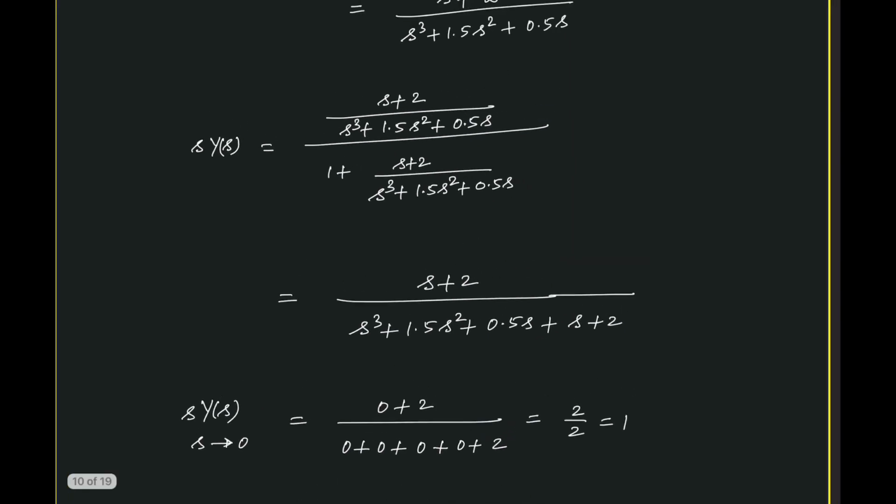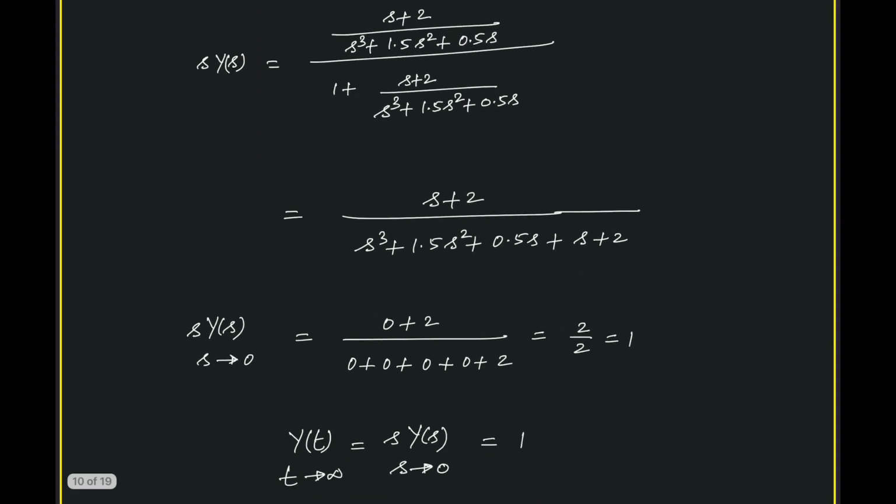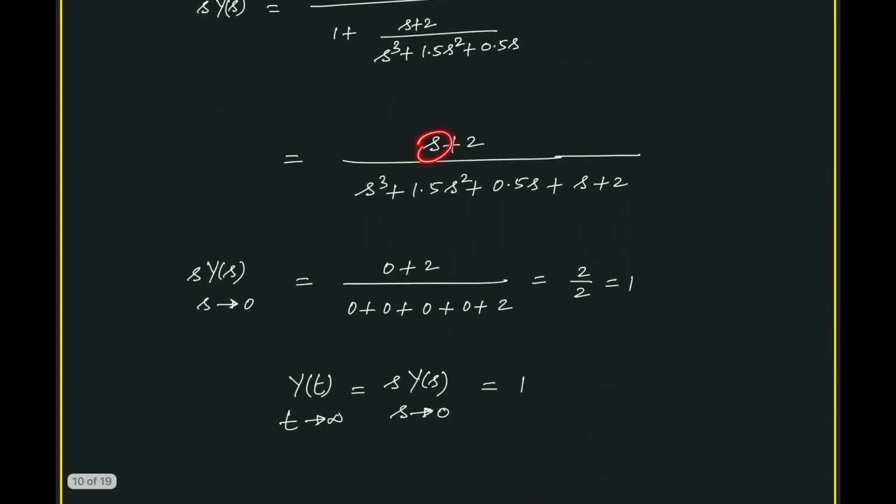Now what is needed is s Y(s) at s tending to 0 to get y of t for t tending to infinity. Substituting s equal to 0, we have only the numerator 2 and denominator 2. So y of t, t tending to infinity, is coming as 1.